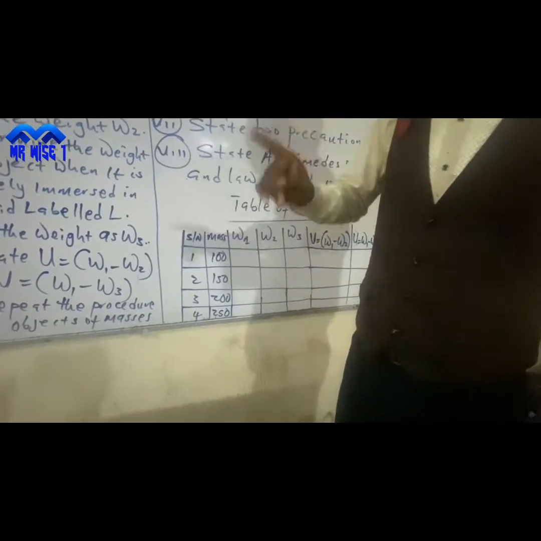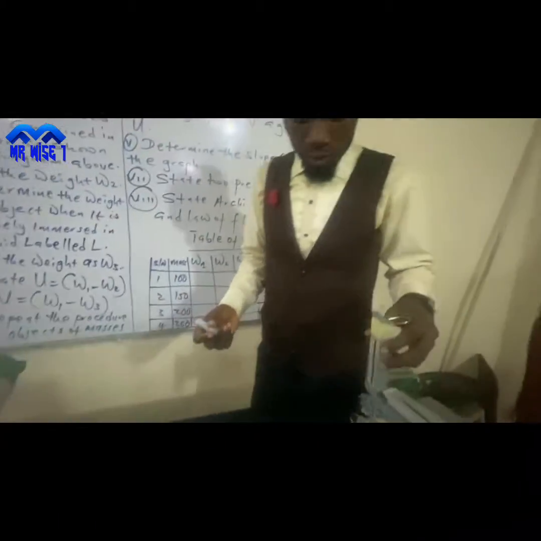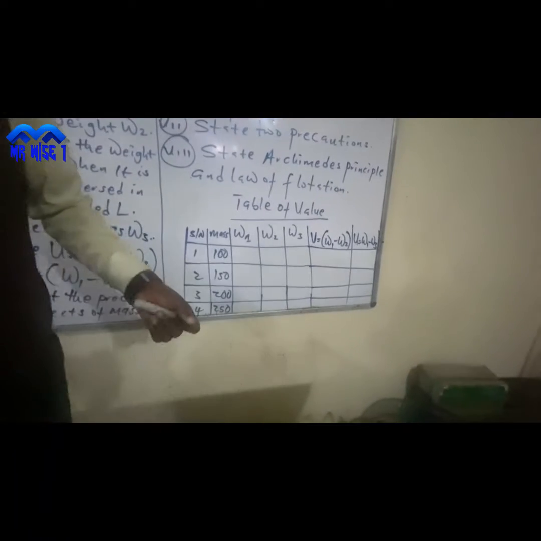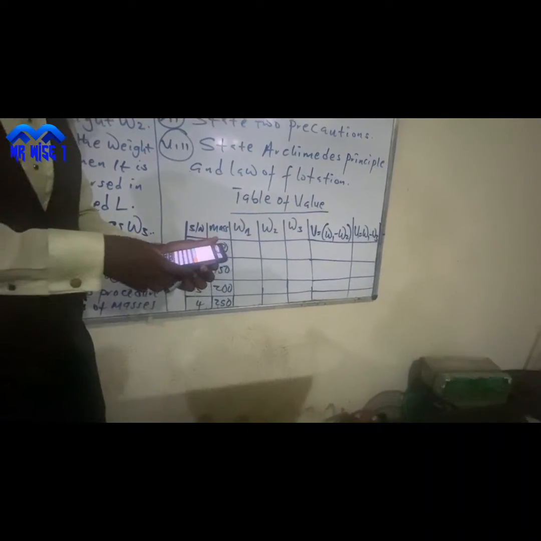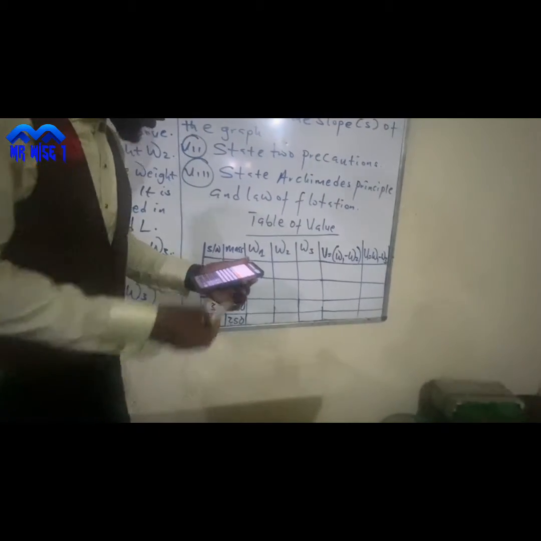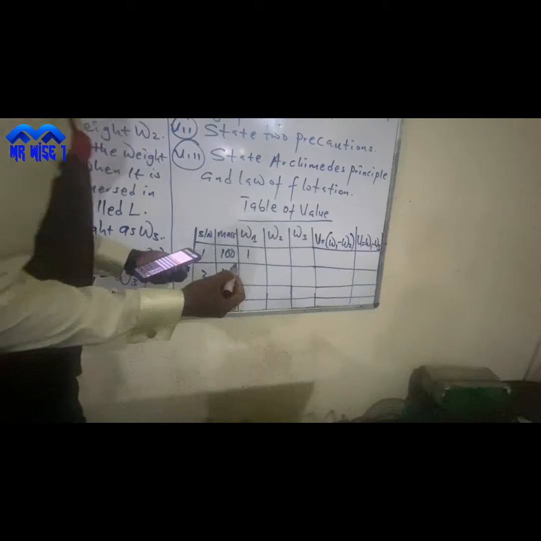So 0.1 times 10, I will get my 1. So my M1 is 0.1 times 10, which is 1. So here is 1. Am I making sense?